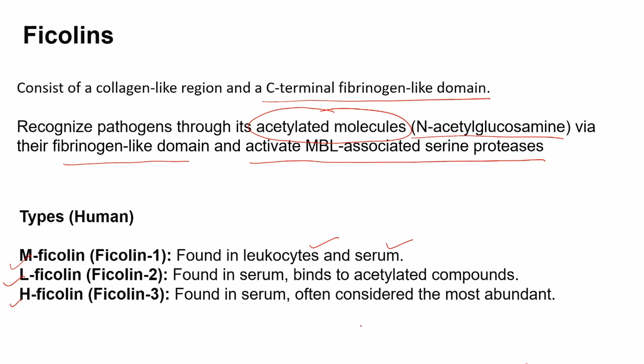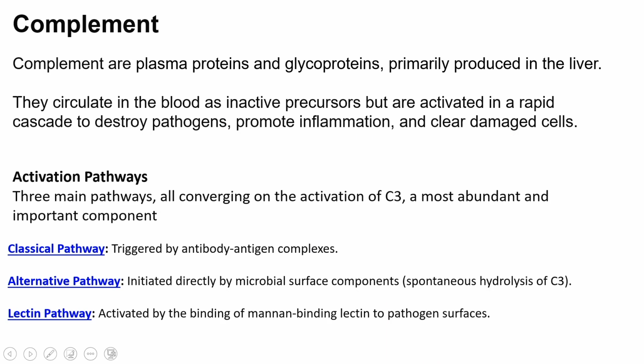So, just for the knowledge, three things to remember: these can bind to acetylated molecules, there are few of them present in the human body, and the most abundant one is H-ficolin, and these are abundant proteins in the serum. So, this is one such soluble component.